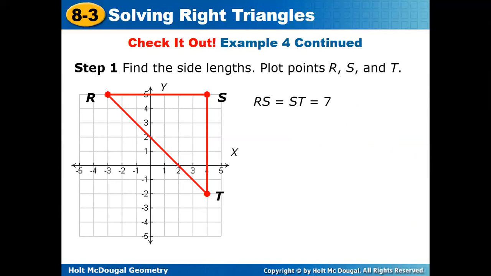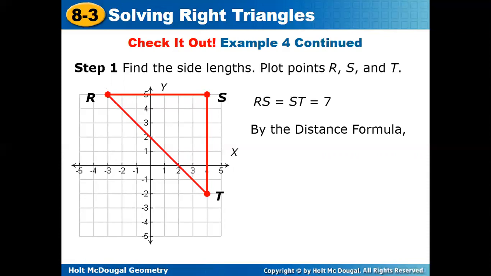If you concentrate with me now, I can find the measure of angle T or angle R only if I see an isosceles right triangle. So the measure of angle R and the measure of angle T equal, try to answer. Yes, it's 45.